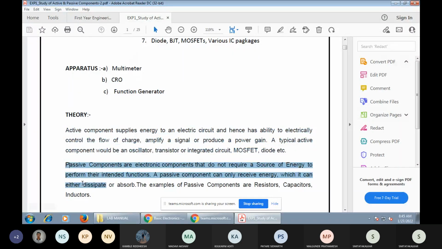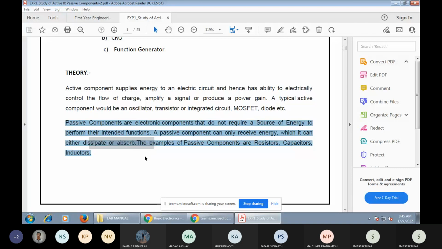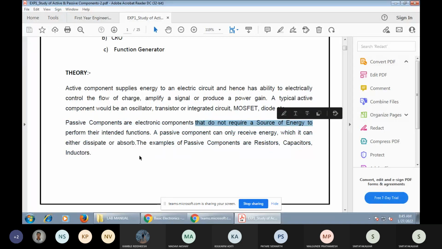Then passive components: all passive components do not require a source of energy. A passive component does not require source energy, but it performs its intended function.